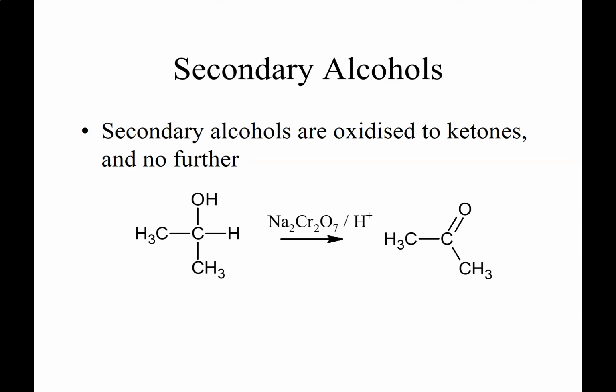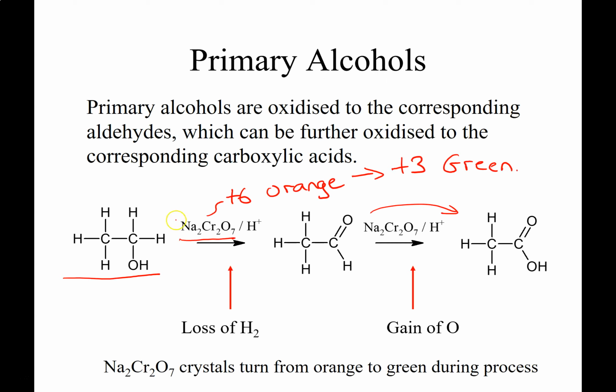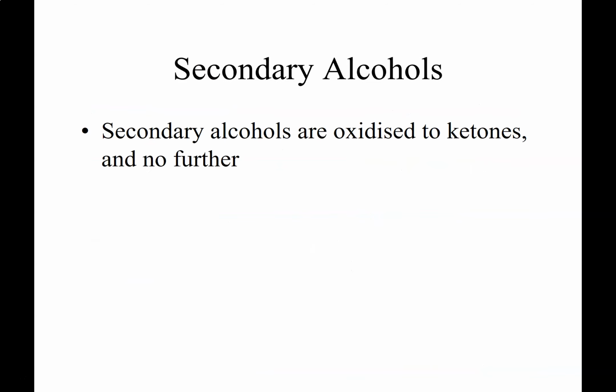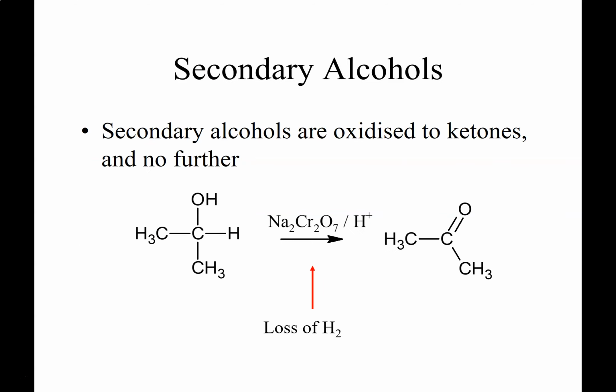So here we're going from propanol to propanone in this example. So they are oxidation reactions. So just to reiterate, these sodium dichromate are not catalysts, they are oxidizing agents. Again, we can say that this is oxidized because we have the loss of hydrogen.